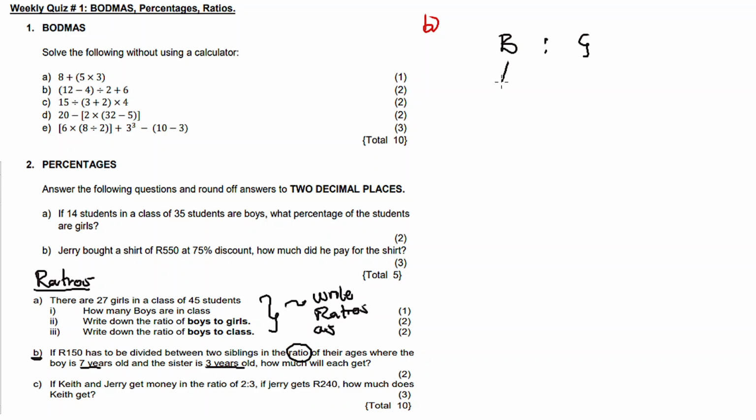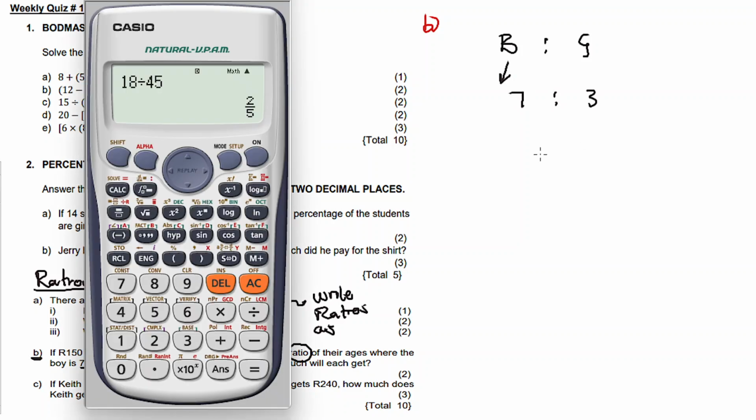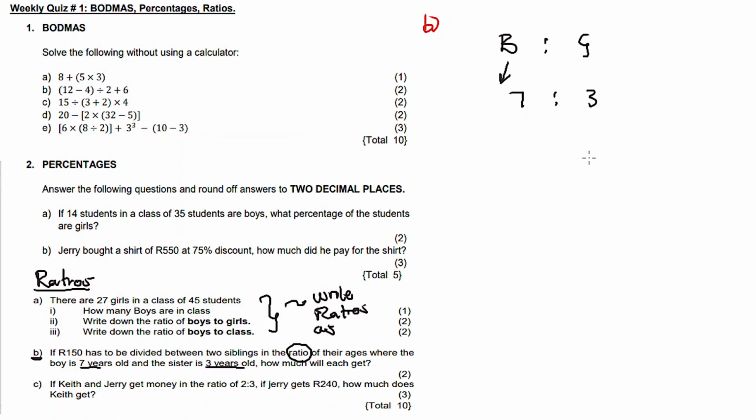We are told that the ratio is obtained from the ages of the siblings. So how old is the boy? 7 years old. The girl is 3 years old. So this you cannot simplify further. 7 over 3, so it's already simplified.